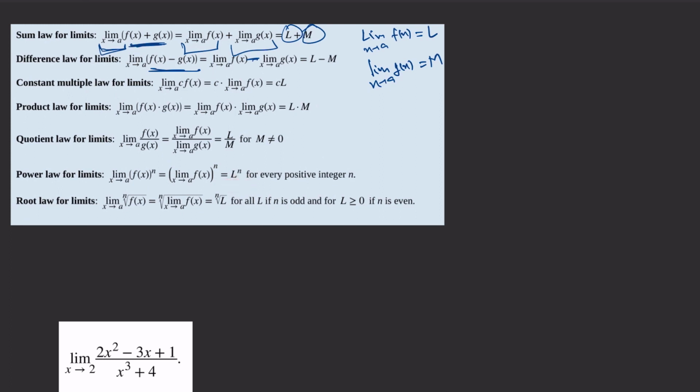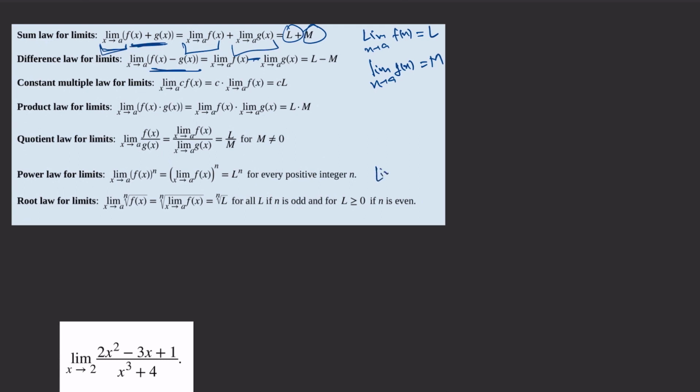Similarly, for the limit as x tends to a of f(x) to the power 1 upon n, I'll again put the limit inside, and this gives L to the power 1 upon n.